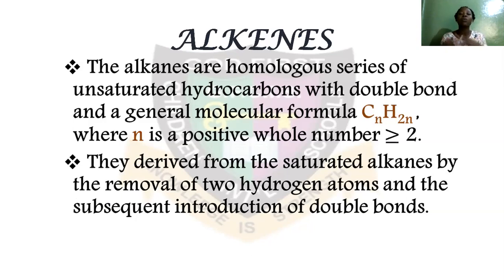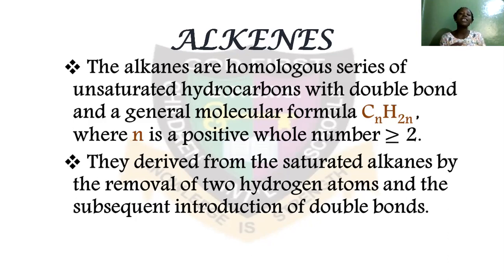So the alkenes are a homologous series of unsaturated hydrocarbons with double bonds and a general molecular formula of CnH2n. When we talked about the alkanes, the general molecular formula was CnH2n+2. So for the alkenes, the general molecular formula is CnH2n.